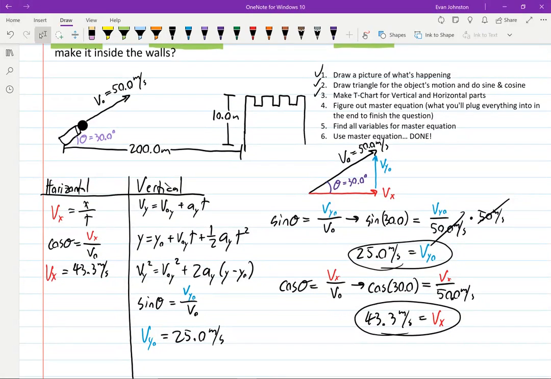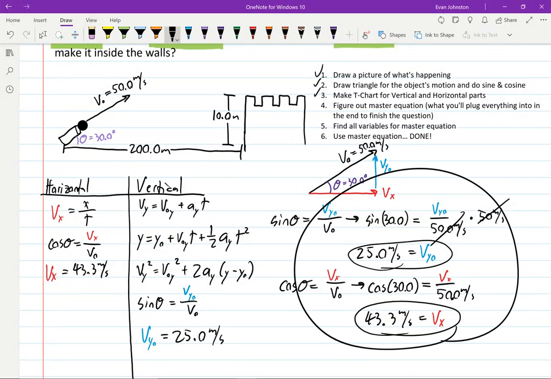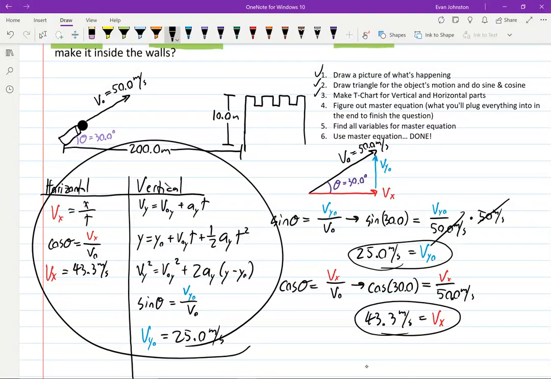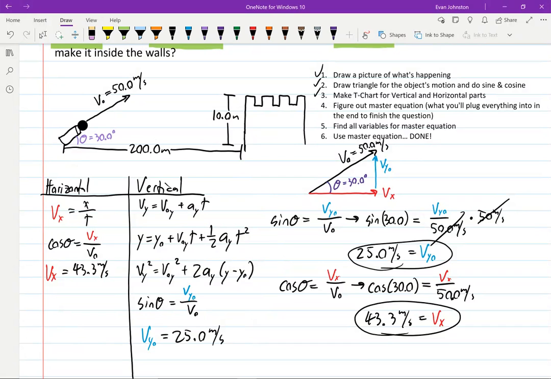At this point, if you can do sine and cosine and you can draw a picture, you can do this for every single question we have. We can draw the picture, make a triangle, do sine and cosine, and blindly plug in the equations from the equation sheet. That's all we've done so far. So now, what do we need to do?